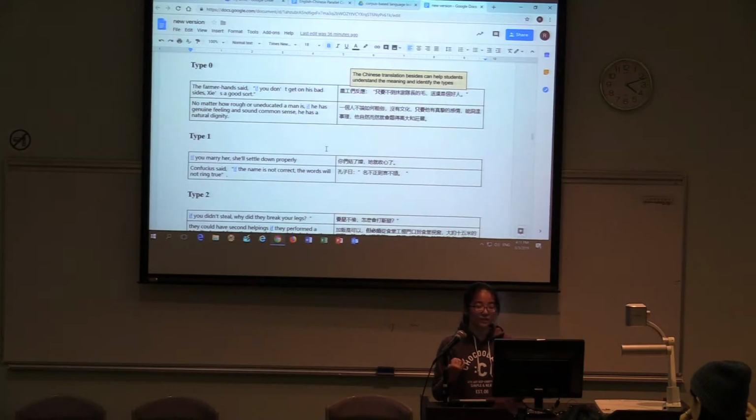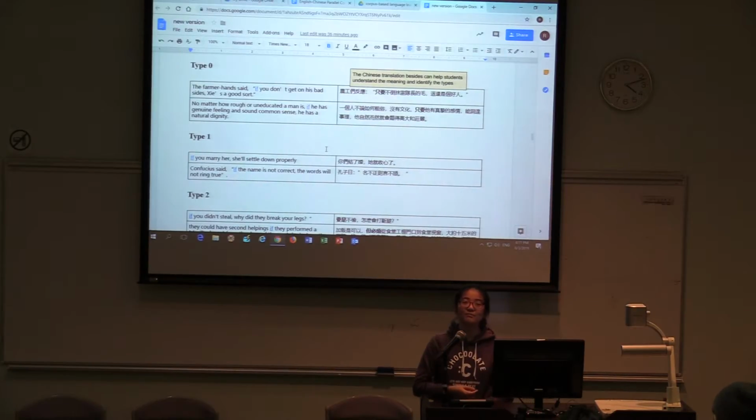So we ask students to try if they can change into another way, but if it is impossible or doesn't make sense, then they don't have to change every sentence. It is just an attempt.